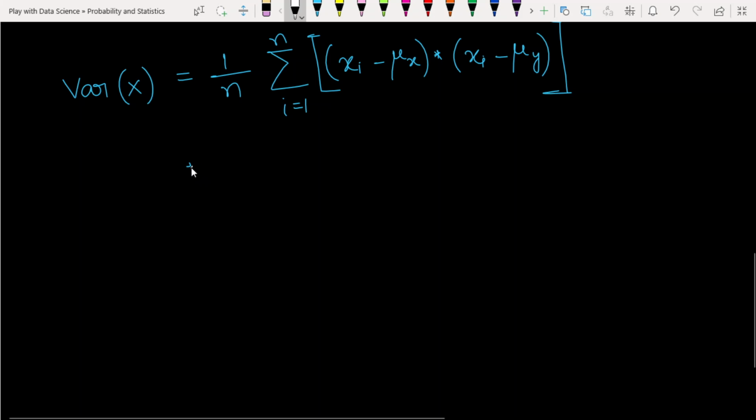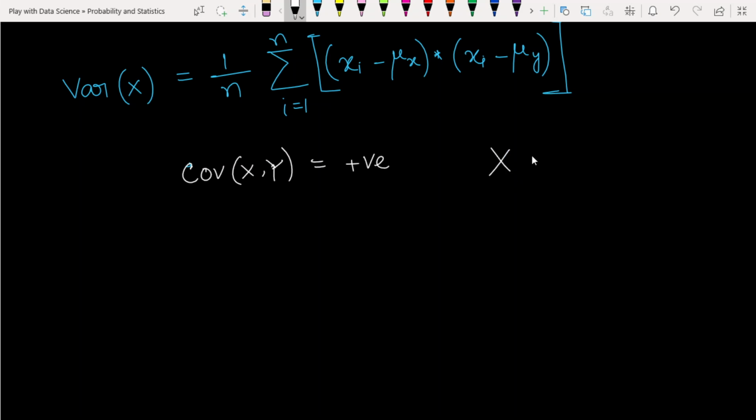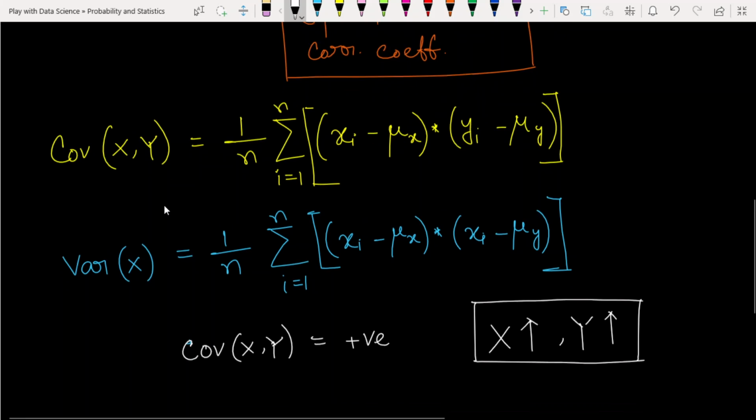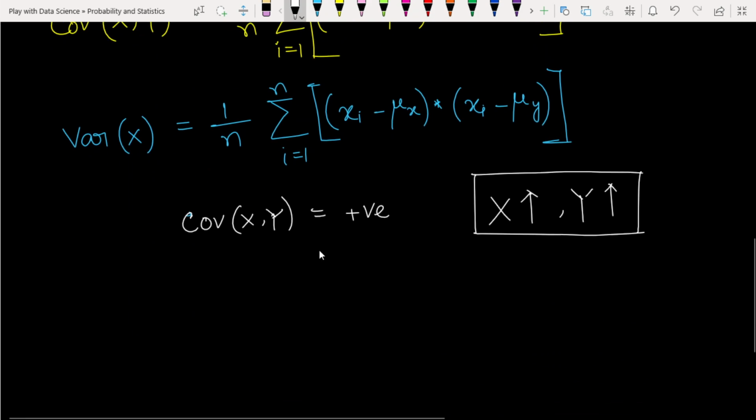So if the covariance of x and y is positive, then the relationship is that if x increases, then y also increases. This is the first relationship. If after calculation we get a positive covariance value, then this relationship holds.